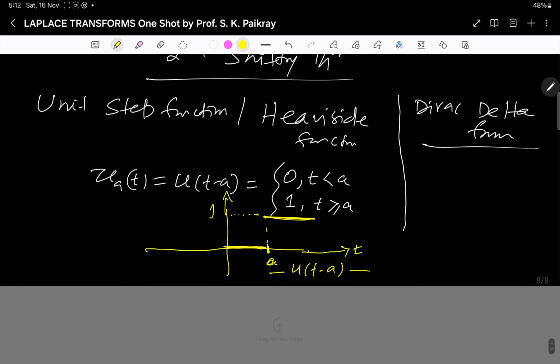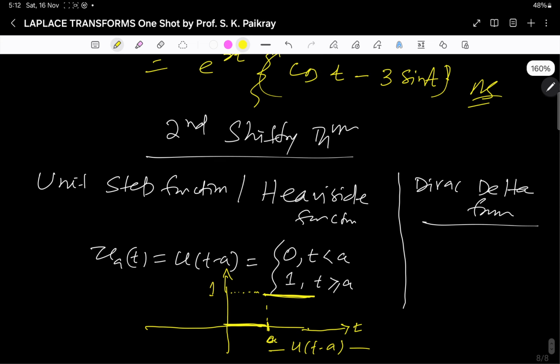So now what is the Laplace transform of this? Likewise, the Dirac delta function is delta(t minus a), or sometimes it is also written as delta_a(t). The definition is that it is equal to infinity when t is equal to a, and 0 when t is not equal to a.